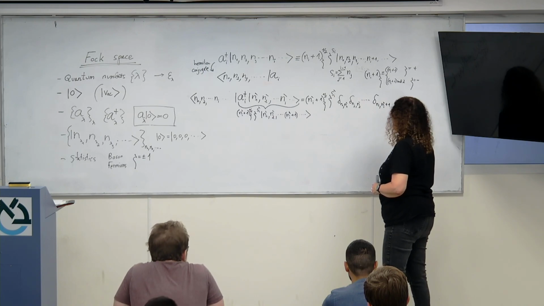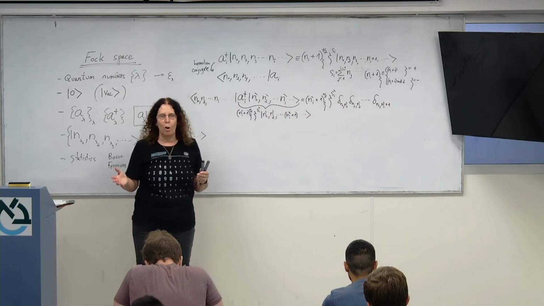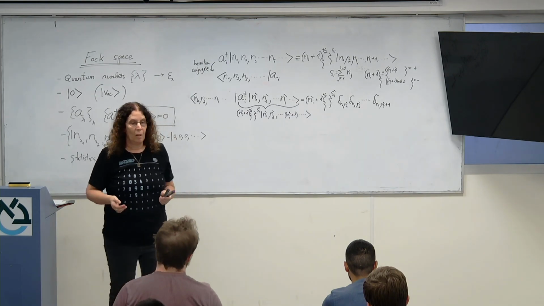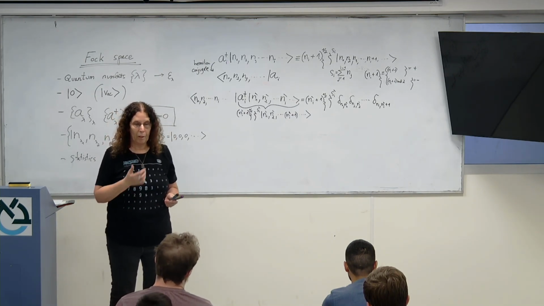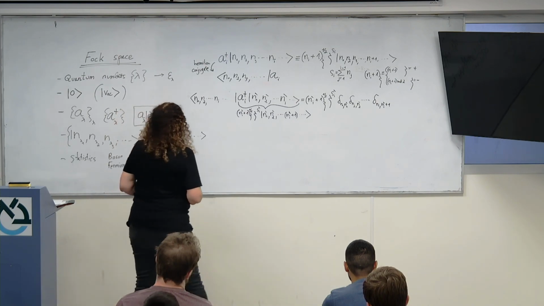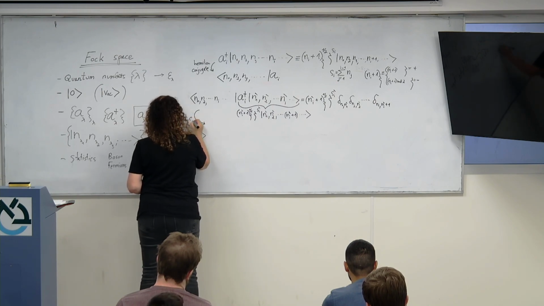Now let's take this matrix element, which is generally some complex number, and calculate its complex conjugate. What is the complex conjugate of this?